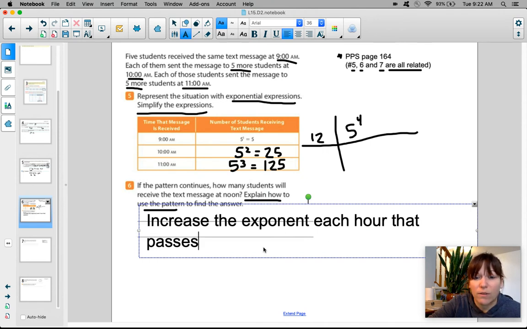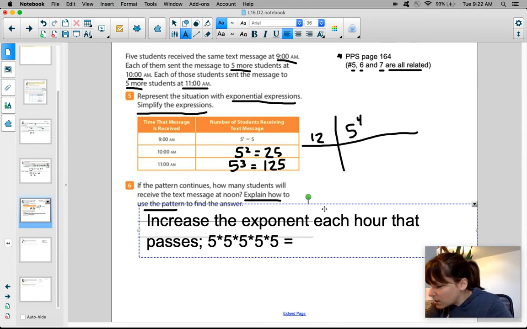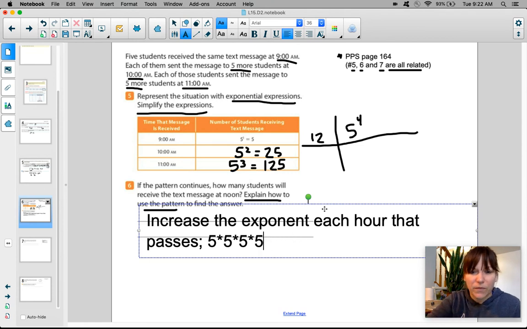So now that we've explained what we did to find 5 to the 4th, let's actually figure out what 5 times 5, and I'm using my little asterisk instead of my dots. That is a workaround to drawing it. We have 4 of them, and then we should get the answer. 625, like we had before.